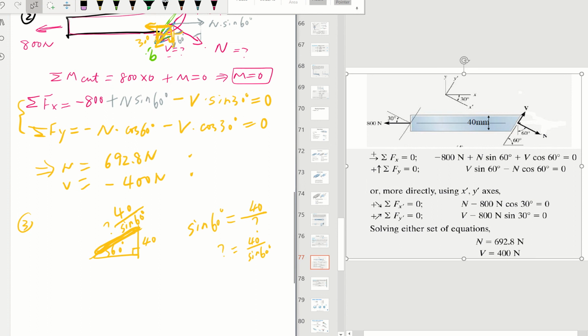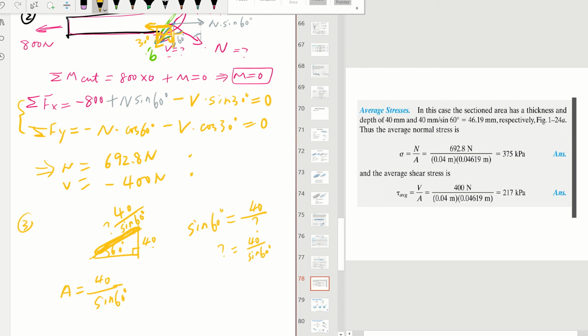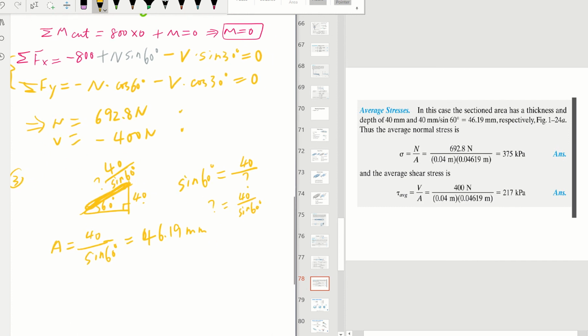So the surface length here is not 40, but 40 divided by sine 60, which is greater than 40, right? Then the answer for this will give us 46.19 millimeter.